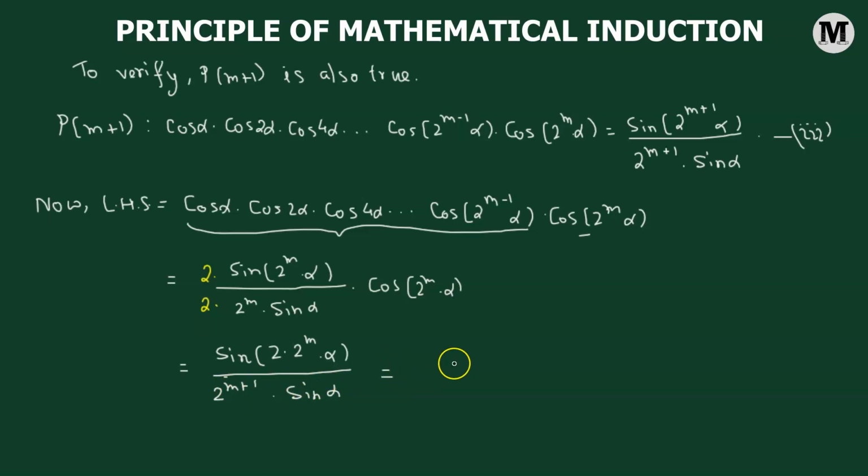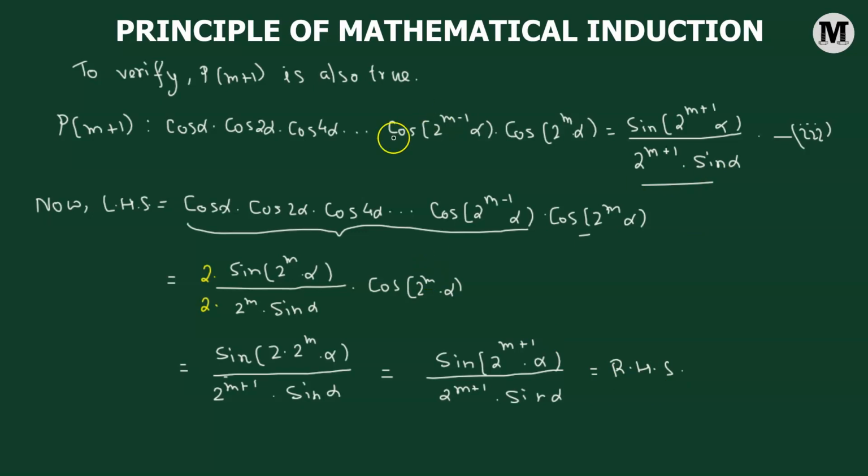So this is equal to sine of 2 raised to the power of m plus 1 times alpha divided by 2 raised to the power of m plus 1 multiplied by sine alpha.